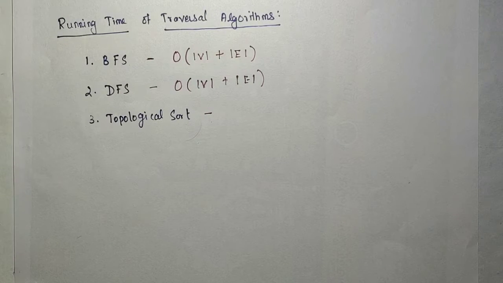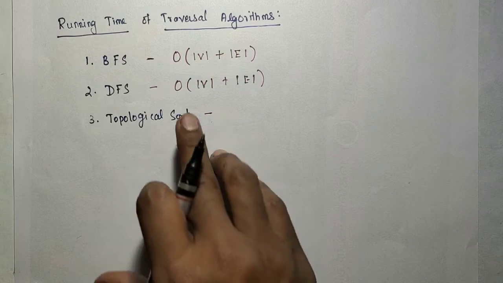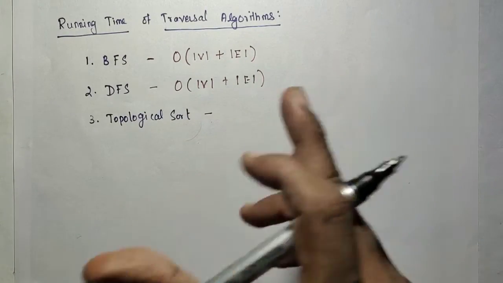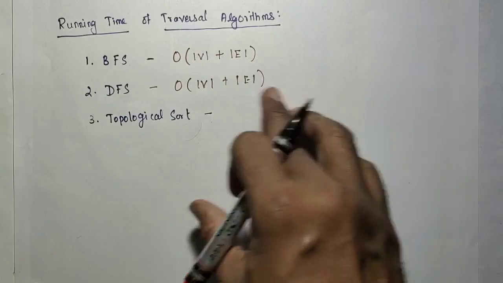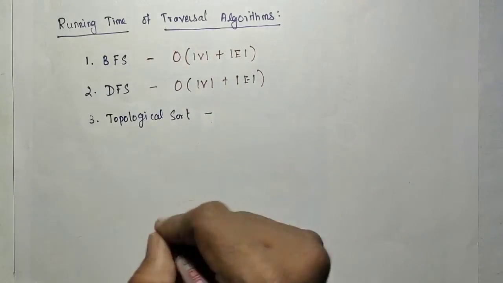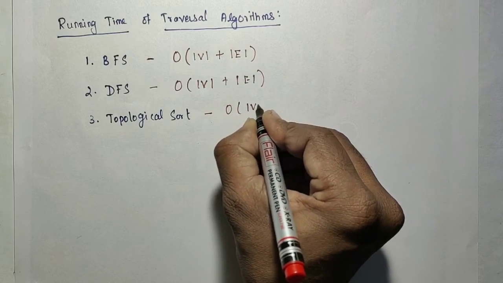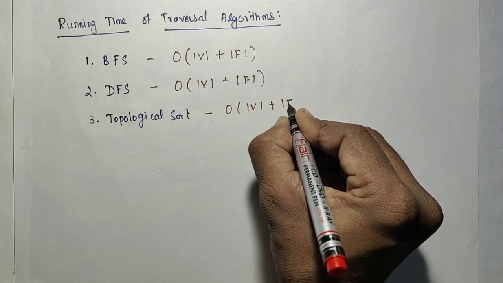So finally the elements in the list are equivalent to the number of vertices. Insert front is O of 1, and O of 1 into the number of insertions, which is the number of vertices. So that is O of V plus O of E plus again O of V. So it also belongs to O of V plus E. So the topological sort algorithm complexity is also O of number of vertices plus number of edges.